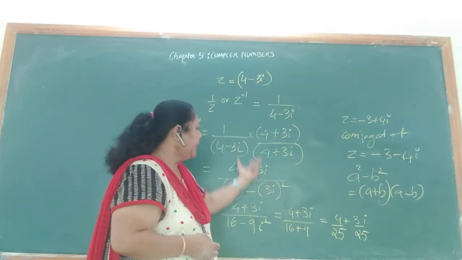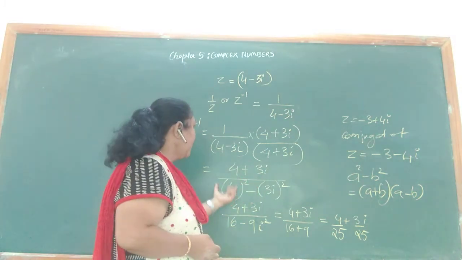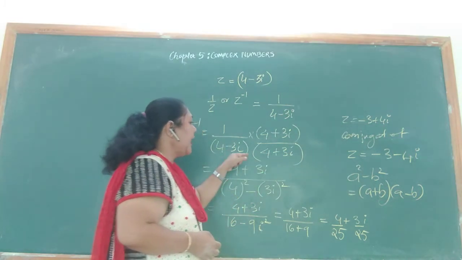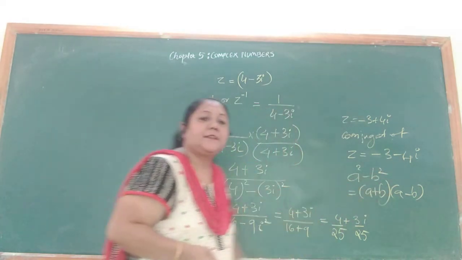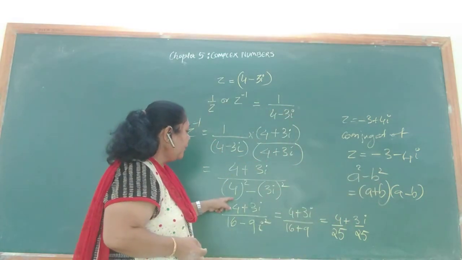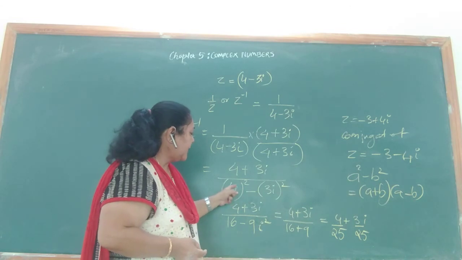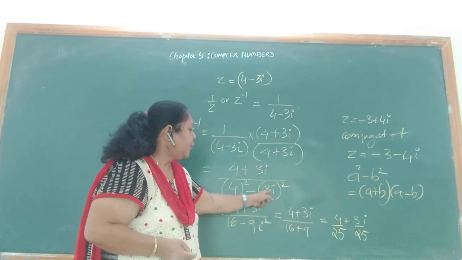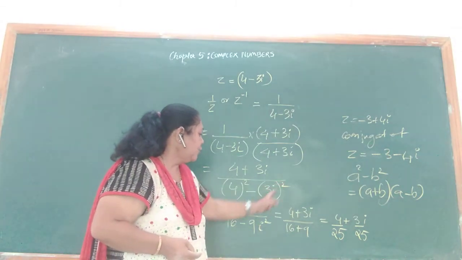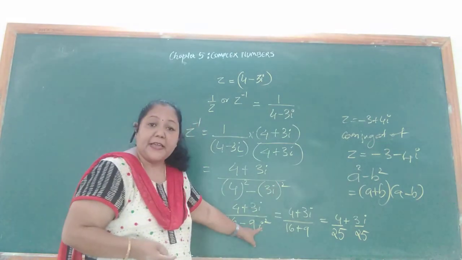So therefore the numerator is only 4 plus 3i, but in the denominator it is a plus b and a minus b, and you know that a plus b into a minus b is a square minus b square, and therefore you have 4 square minus 3i square. 4 square is 16, 3 into 3 is 9, i into i is i square, but i square is minus 1.